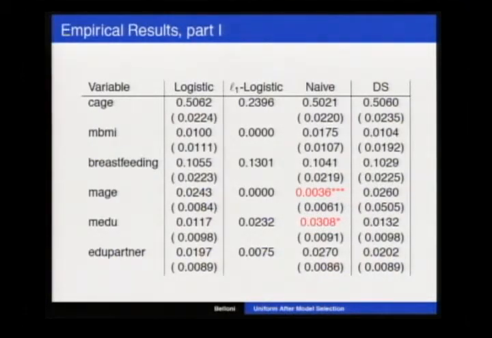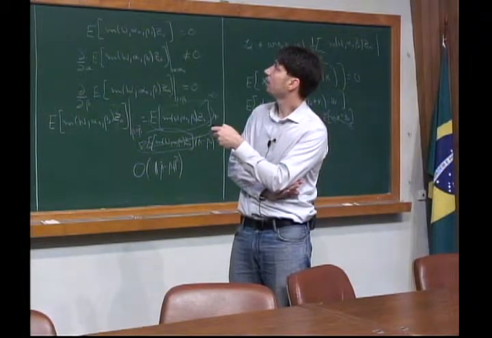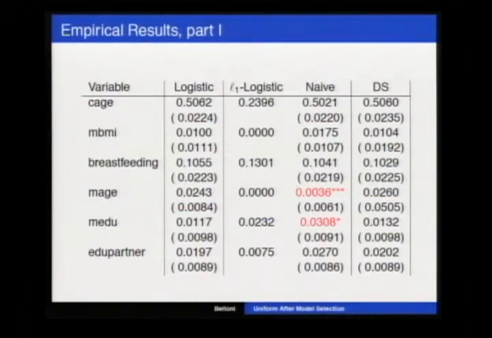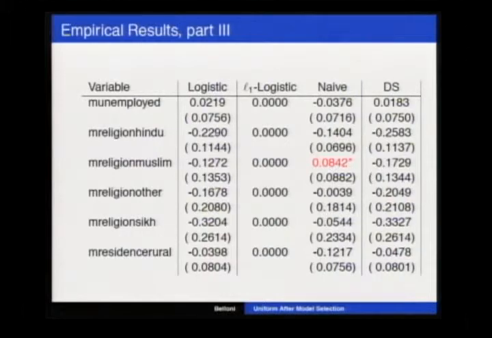And for the naive approach, out of the 30 coefficients, there were 11 which were substantially different. These are at least 3 standard errors away from what you should get using all the variables. That's what we see, that it actually got some wrong. And we can see some of them have fairly different signs.